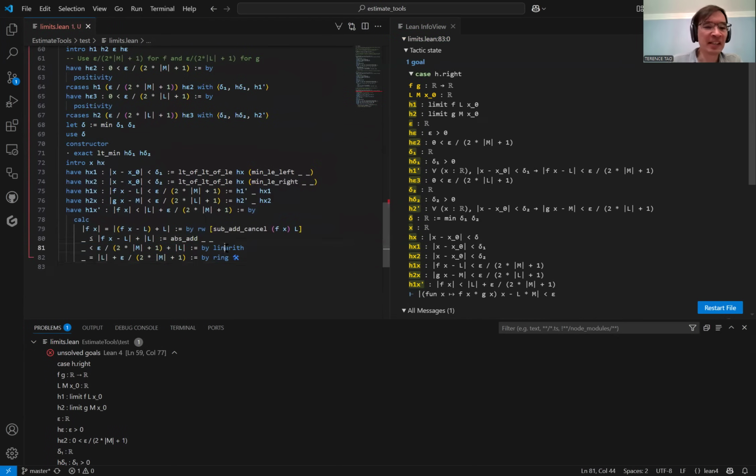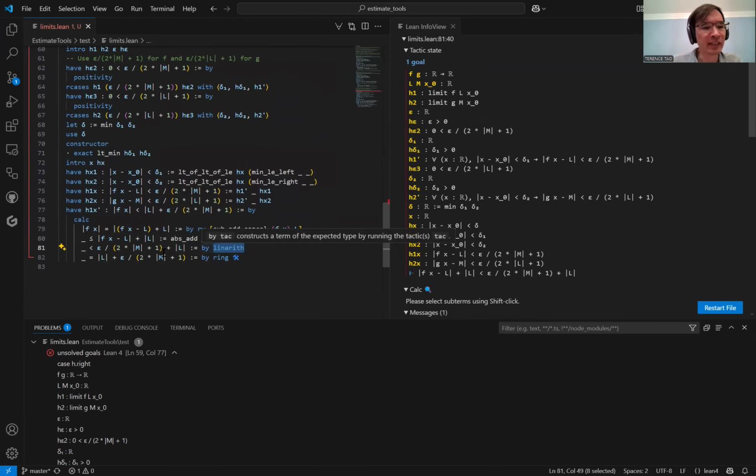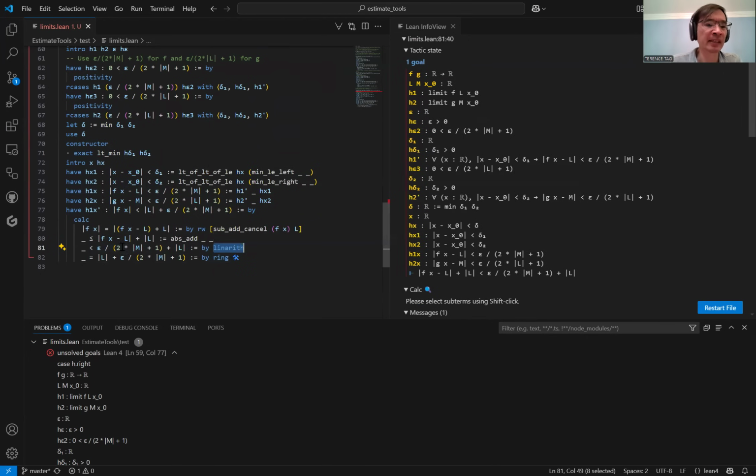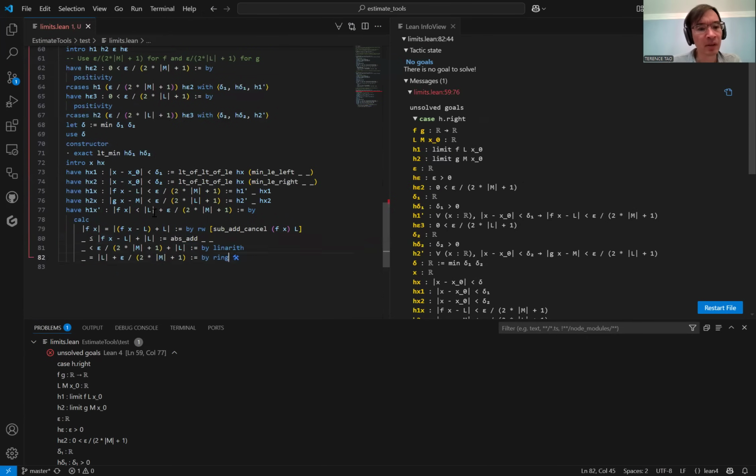Okay, so it in fact used a more powerful technique. There's a linear arithmetic technique: any inequality that is a consequence of existing inequalities by linear arithmetic. So f(x) minus L plus L being bounded by this is actually just a consequence of what's already in the state. So it just did that. All right, so we have this bound. Okay, we bounded f.